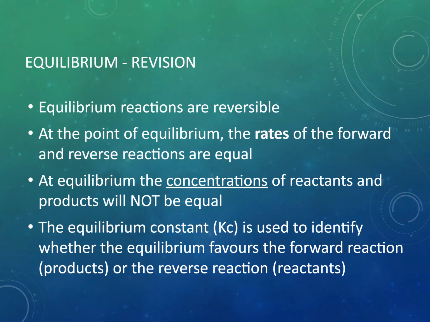Now, equilibrium constant is going to become a really big thing in this topic because we use the equilibrium constant Ks for solubility equilibria, and Ka and Kb for acid and base equilibria, and of course Kw for the water equilibrium.